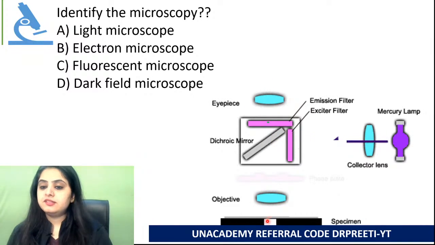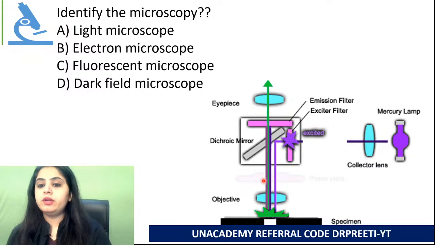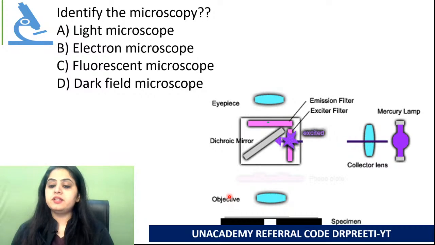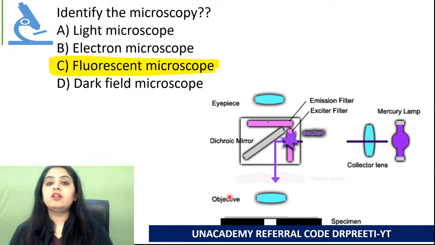Some other light from that sample is going back to the eyepiece. I think the dichroic mirror pretty much gives you the answer. Yes, this is a fluorescent microscope.